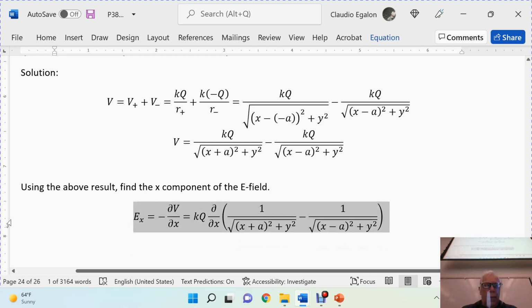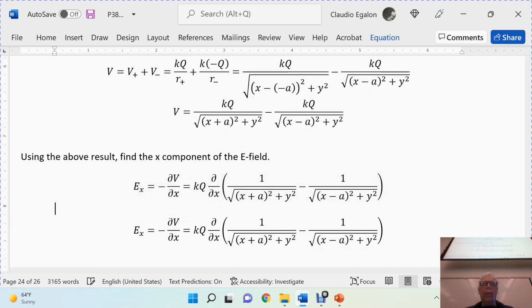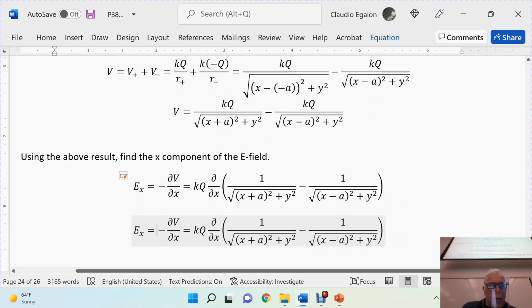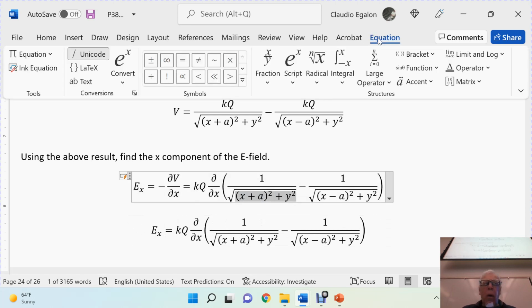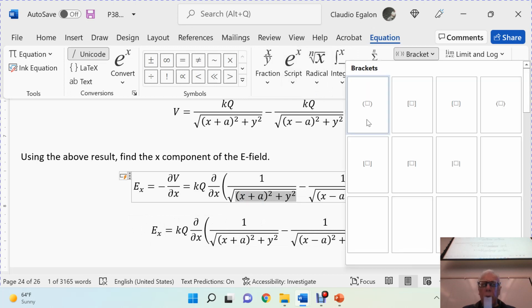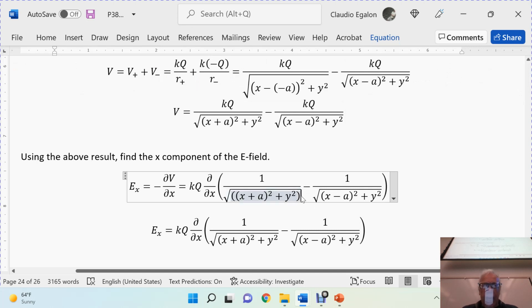Okay, so let's do this derivative here. I don't need this term anymore. I'm going to start working on this one. Don't forget, I'm going to change the notation here in terms of powers, so it's easier to differentiate.